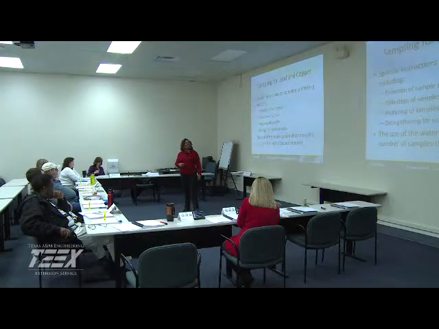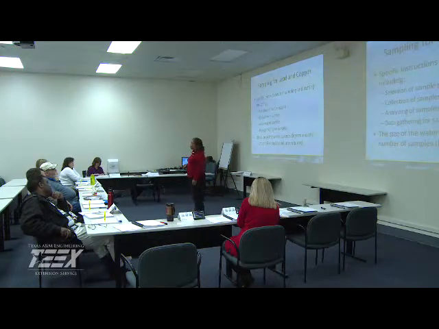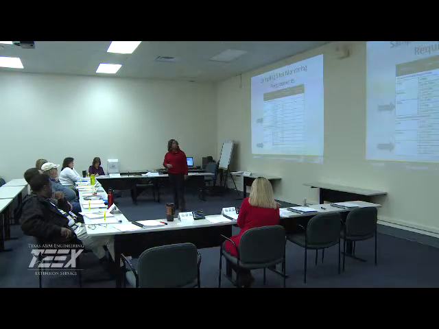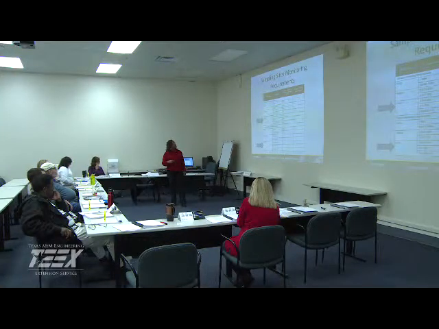What dictates the number of samples we're going to pull will be the population, or the size of the system served. That will be the driving point as far as how many samples. You have this in your module, or in your book, as the standard monitoring requirements. For large systems, greater than 100,000, you're looking at 100 samples.